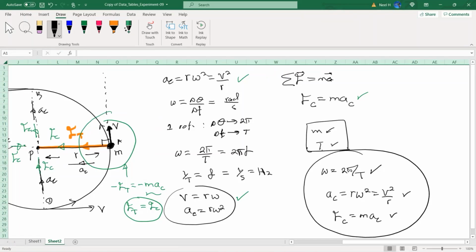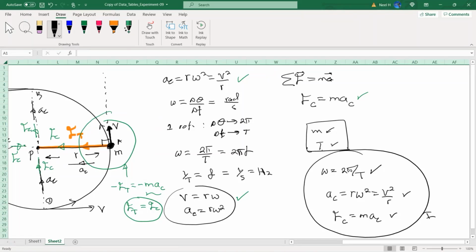Now, if I want to confirm or validate a physical concept, then we need to measure that physical concept, at least experimentally, by two different methods. Then we can compare the two methods. We can say this is method number one.